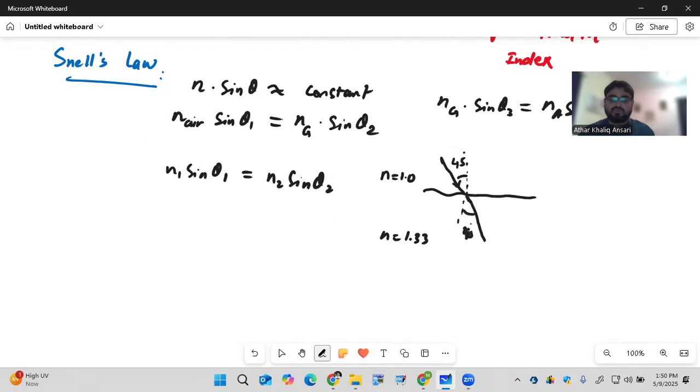If you want to find theta 2, you simply use n1 sine theta 1 equals n2 sine theta 2.